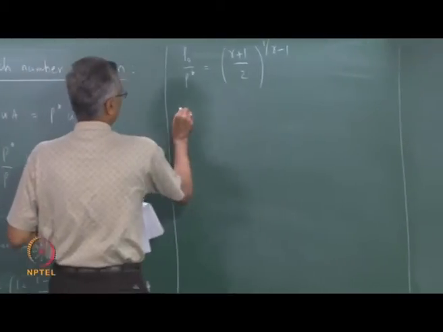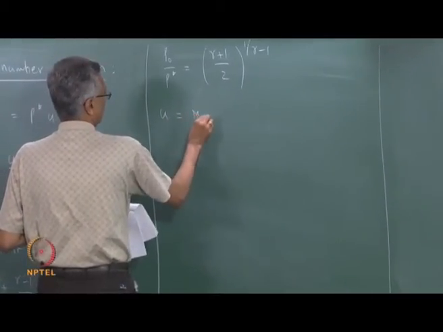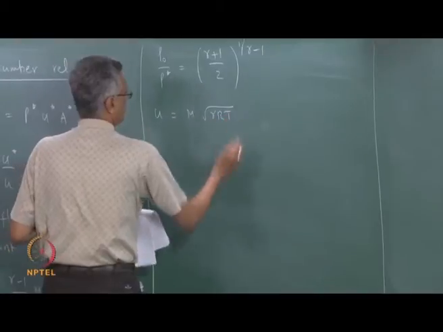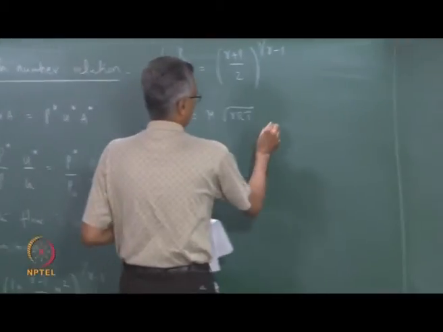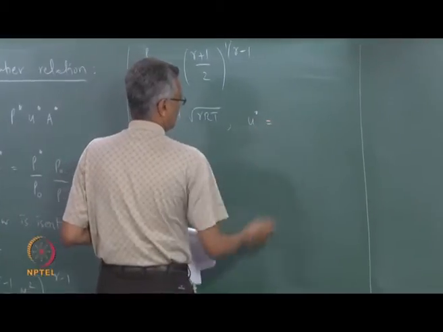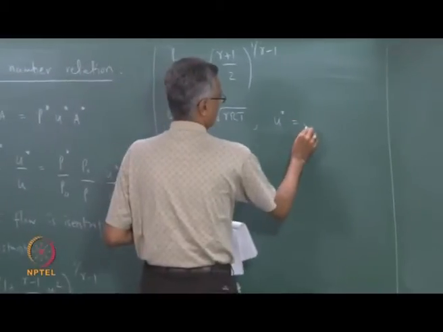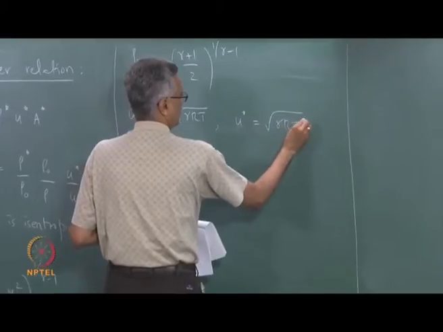So we will write u as M times square root of gamma R T, and u star, if you remember, is the speed of sound, so u star is equal to square root of gamma R T star.